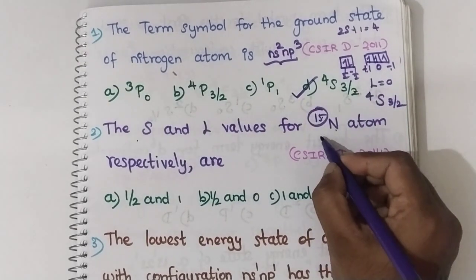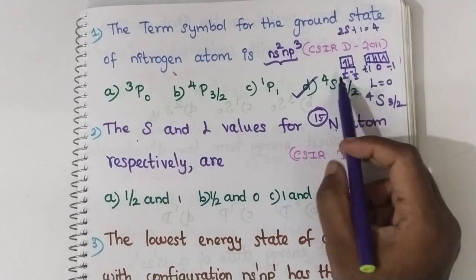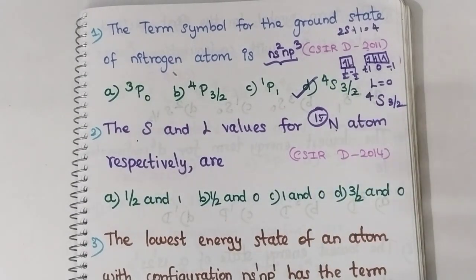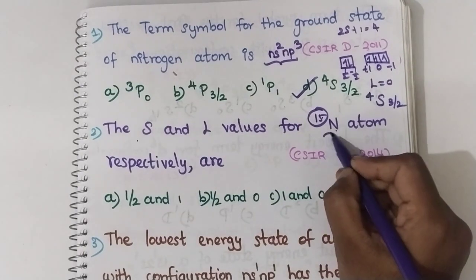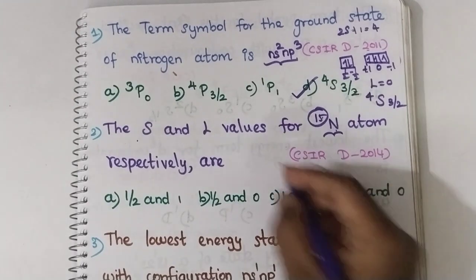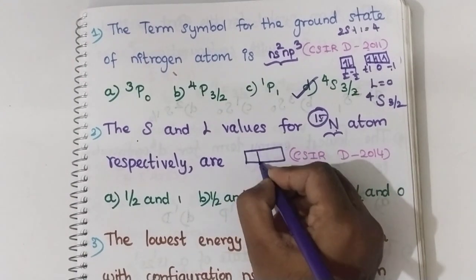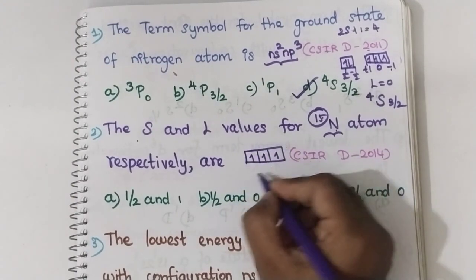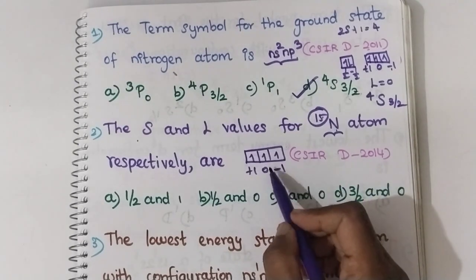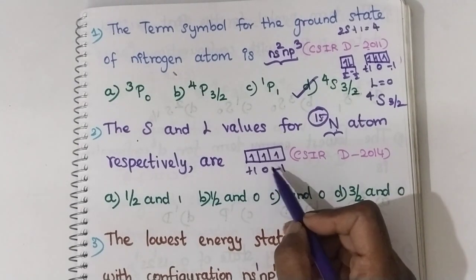Actually, we are calculating the electrons, right? So the number of electrons will remain the same. If it is nitrogen, definitely it will have only 7 electrons and the valence configuration 2s2 2p3. So you will have valence electrons of p3. Hence, you can directly calculate the S value and L value from here.